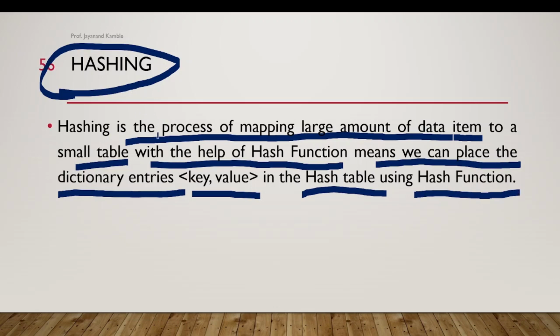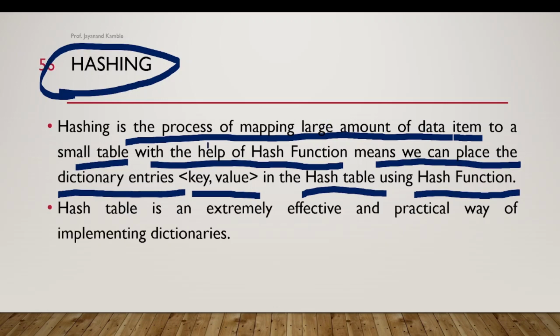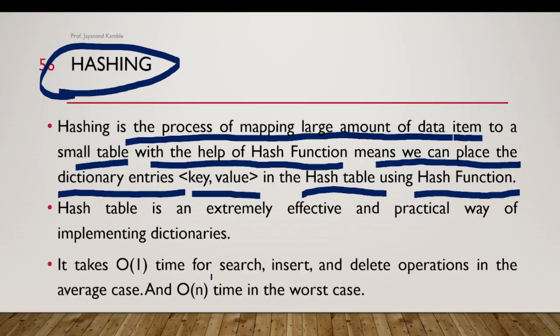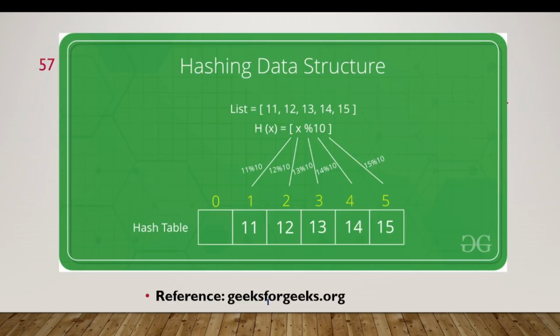A hash table is an extremely effective and practical way of implementing dictionaries. It takes O of 1 time for search, insert and delete operations in the average case, and O of n in the worst case, but we rarely take O of n time in case of hashing.